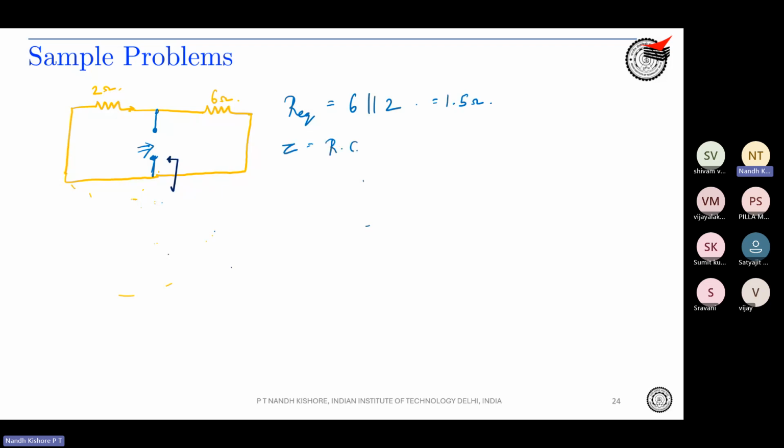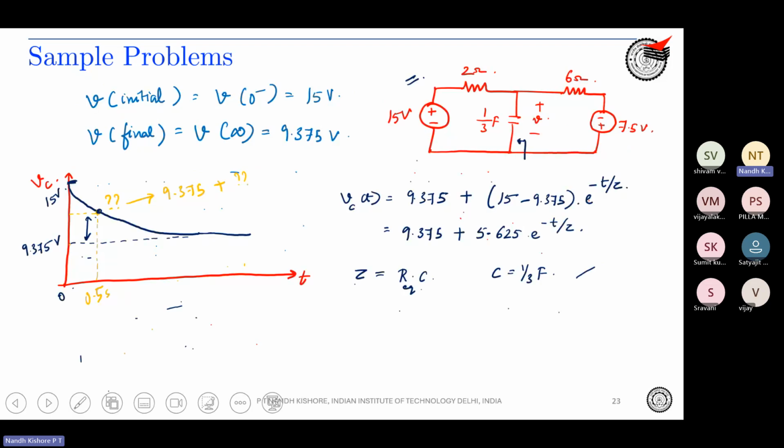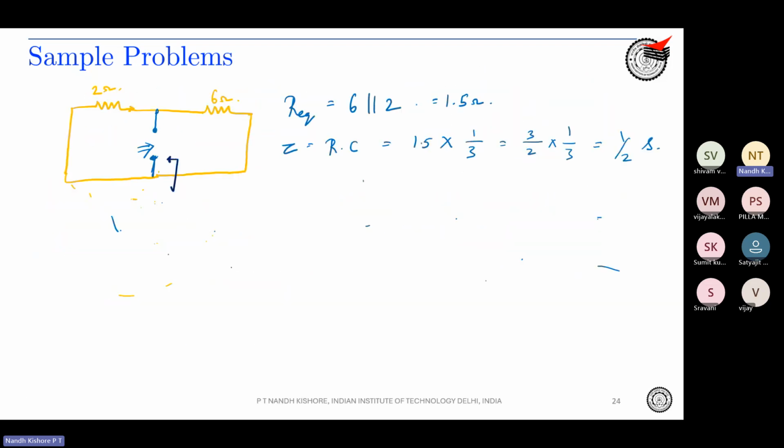Therefore, tau is R into C, which is 1.5 into 1/3. 1.5 is 3/2 into 1/3, which is 0.5, that is 1/2 seconds. Correct. So from here, I can substitute back into VC.